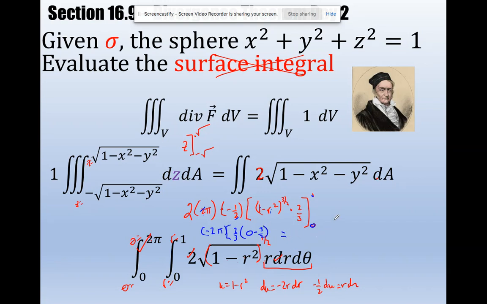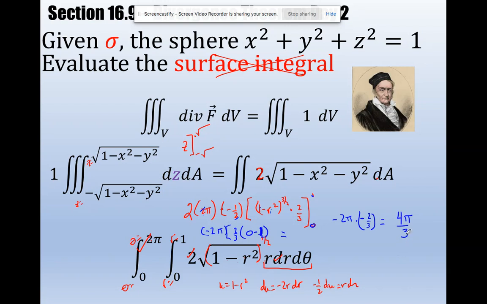So I end up with negative 2 pi times negative 2/3, which is what? 4/3 pi? 4/3 pi?